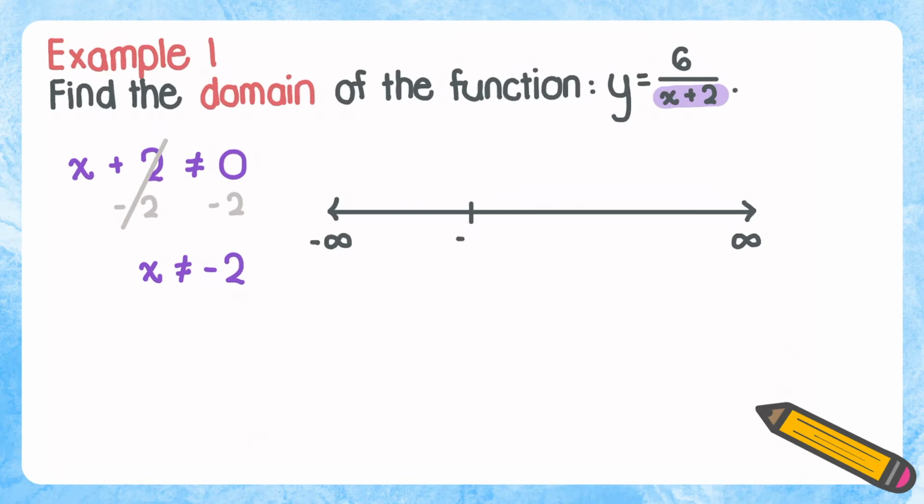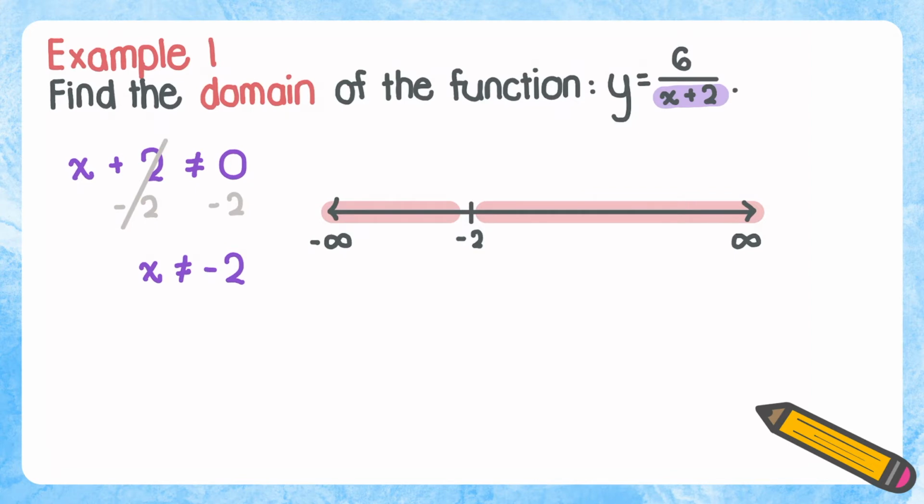In this case, we know that x cannot equal negative 2. So x can be any value but negative 2. So for the domain, we can start at negative infinity and then hop over negative 2. And then after that, keep going all the way to positive infinity.